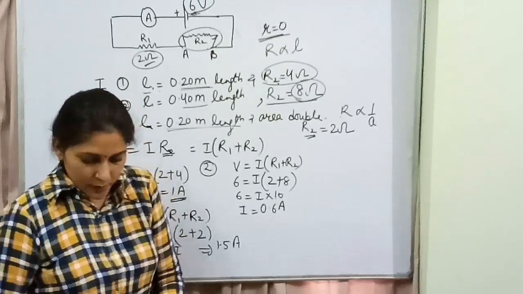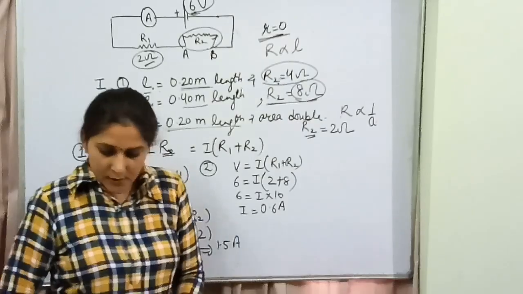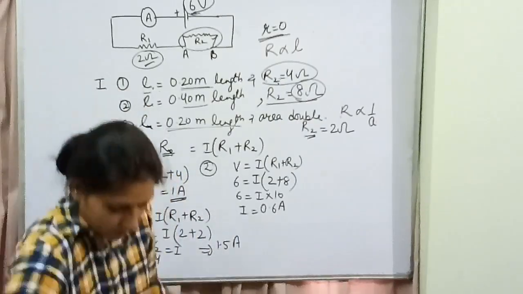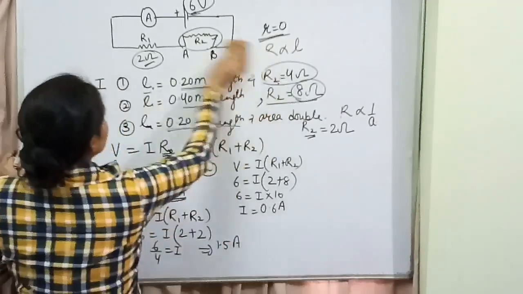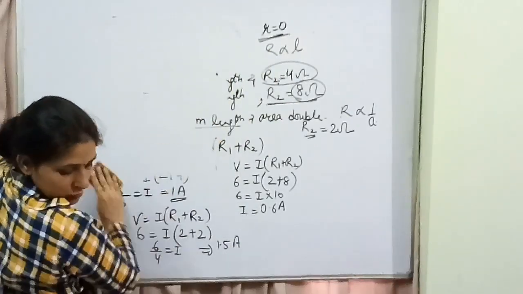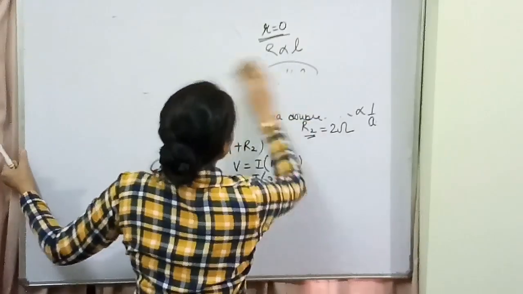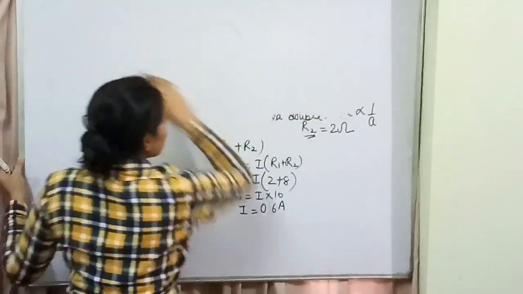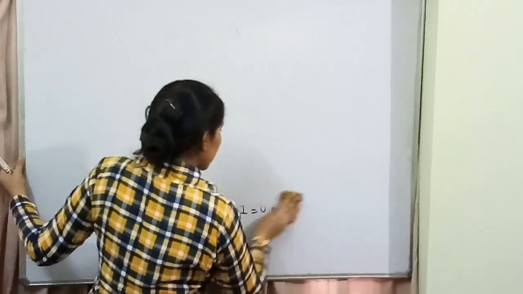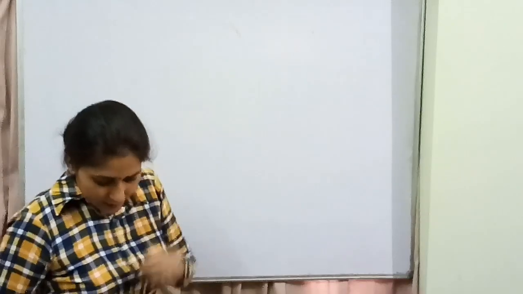Okay. Now moving on to the next numerical, numerical number 13. What is given to us in this numerical? 3 resistors, 8, 12 and 6 ohm. They are connected to each other in a particular manner given to us. First we will draw the diagram and then we will start calculating the values. 3 resistors are given in a figure.